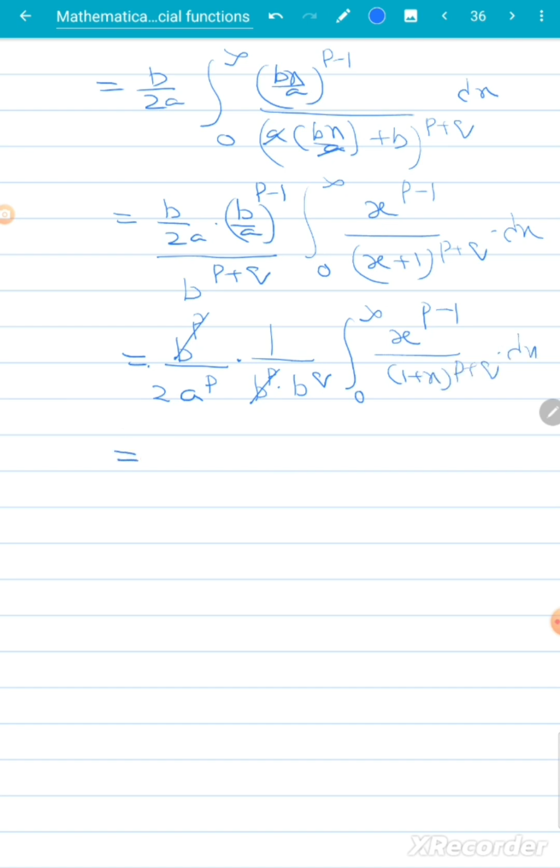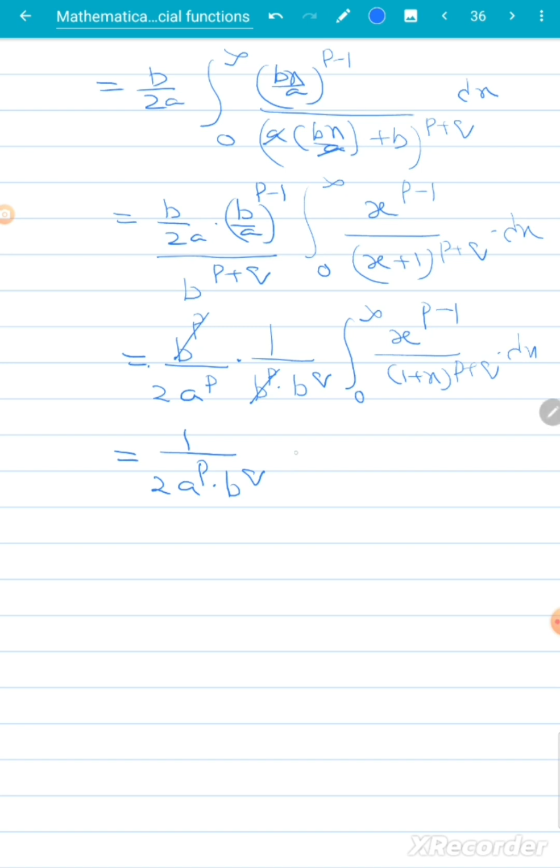So this is equal to 1 by 2 into a to the power of p into b to the power of q into the integral of x to the power of m minus 1 by 1 plus x to the power of m plus n. It is the formula for the beta function.